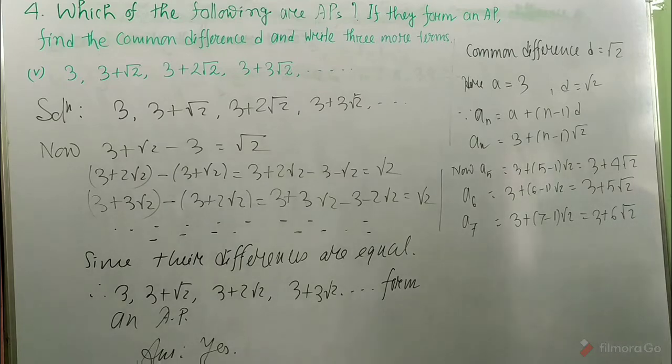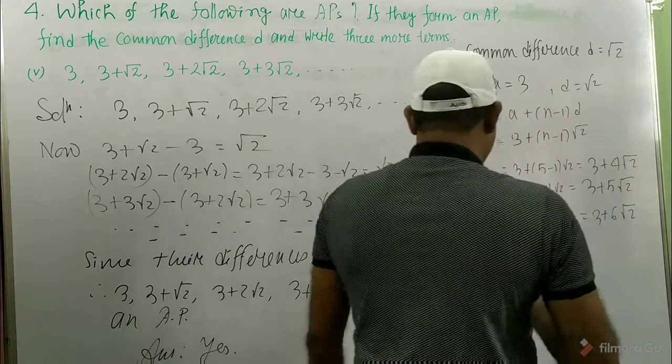So these are the values of the 5th, 6th and 7th terms.